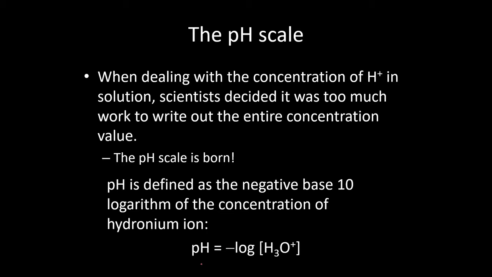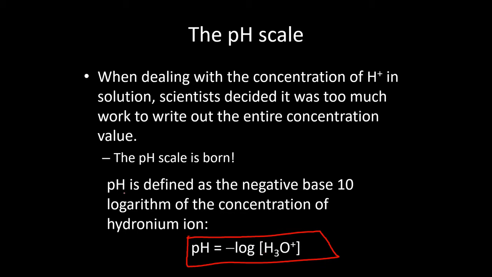It is the negative log base 10, so this is not natural log. If you use the natural log, you will get the wrong answer. Those are completely different log scales. So it is the negative log base 10 of the concentration of H+. That is the pH. It is essentially just a way of writing very small concentrations without the scientific notation.